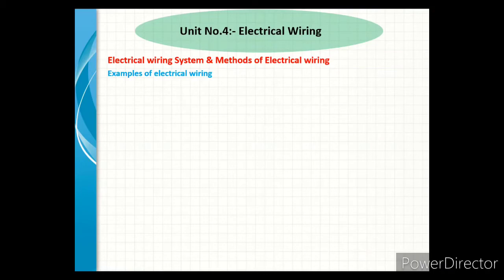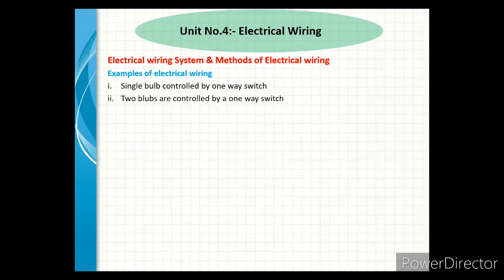Now we are seeing different examples of electrical wiring. The first example is a single bulb controlled by a one-way switch. The next example is two bulbs controlled by a one-way switch. The third example is a single bulb or any other load controlled by two-way switches.